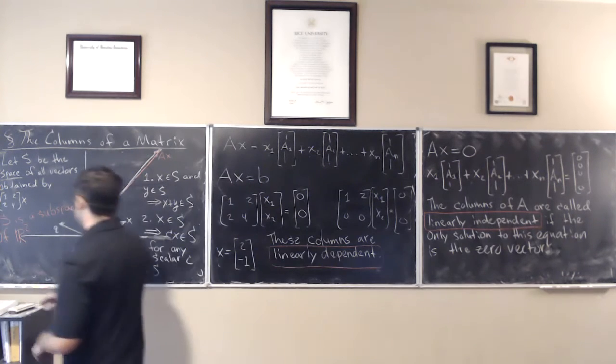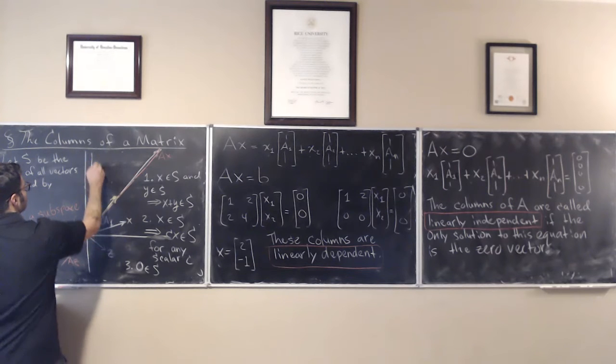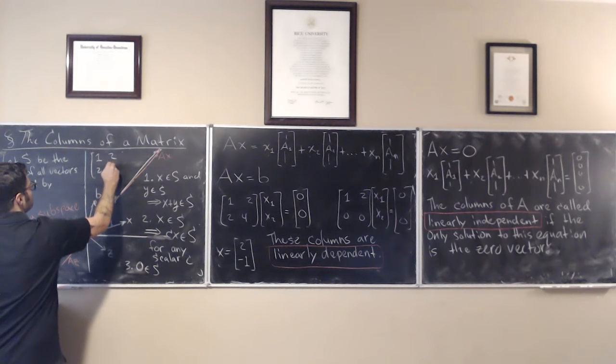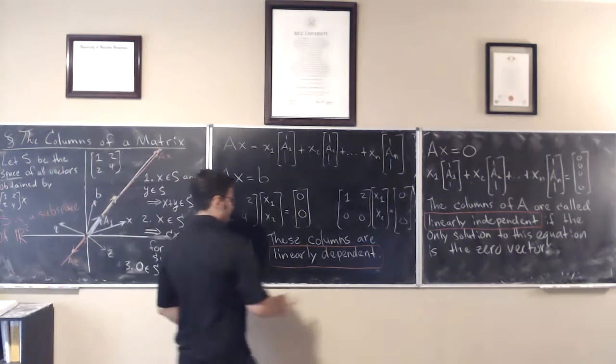Okay. Now let's consider the good case. So just so I don't forget, this was 1, 2, 2, 4. That space there is spanned by that matrix. Okay.